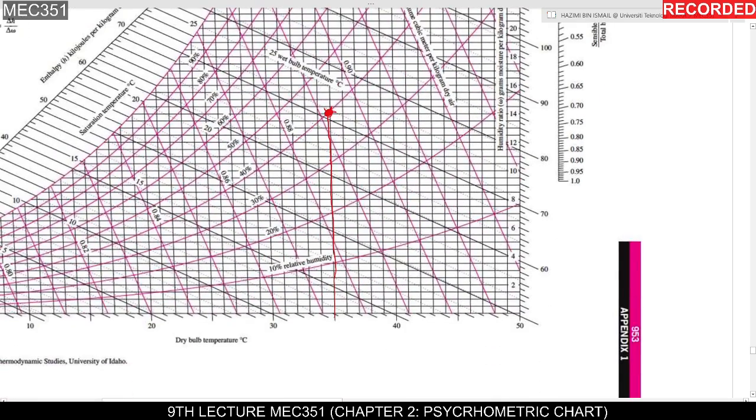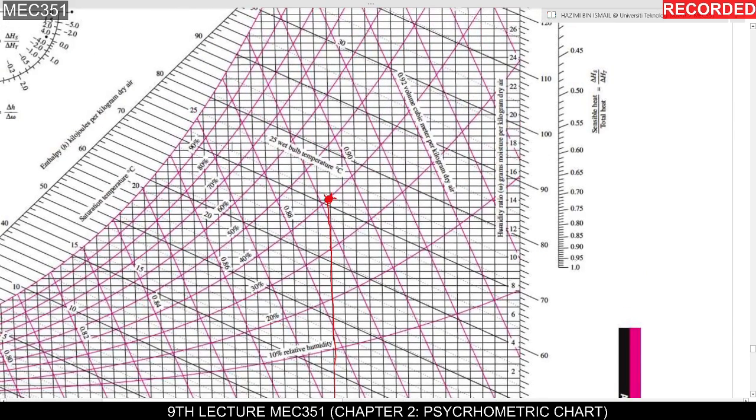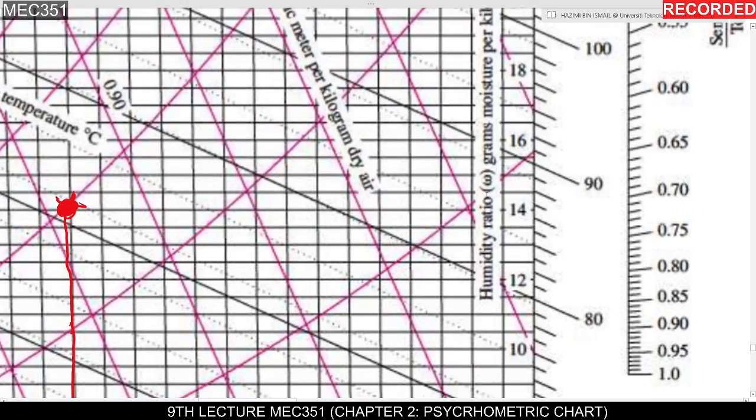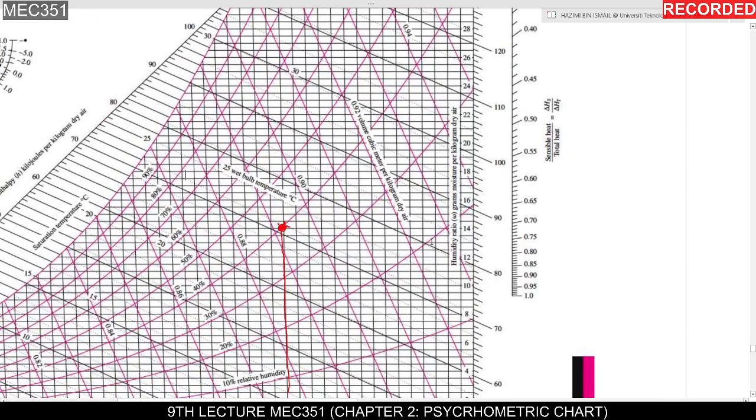In our chart it already states that this is the relative humidity, so this one must be specific humidity. Plus it also gives you this symbol omega, so surely this line here is the specific humidity.